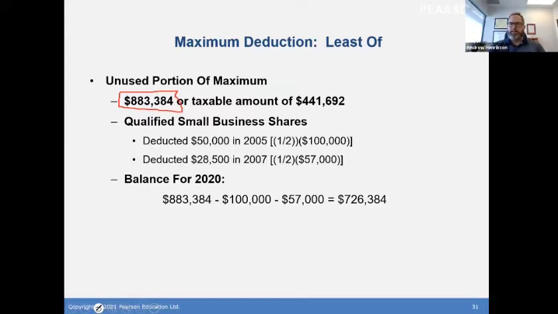Because that's considered a capital gain, we already know there's preferential treatment for capital gains. You have an inclusion rate of 1/2, so you were only going to pay tax on 1/2 of that to begin with. This is taking care of the rest. So that 883,384 is the real world amount, which effectively is a taxable amount you're covering of 441,692.